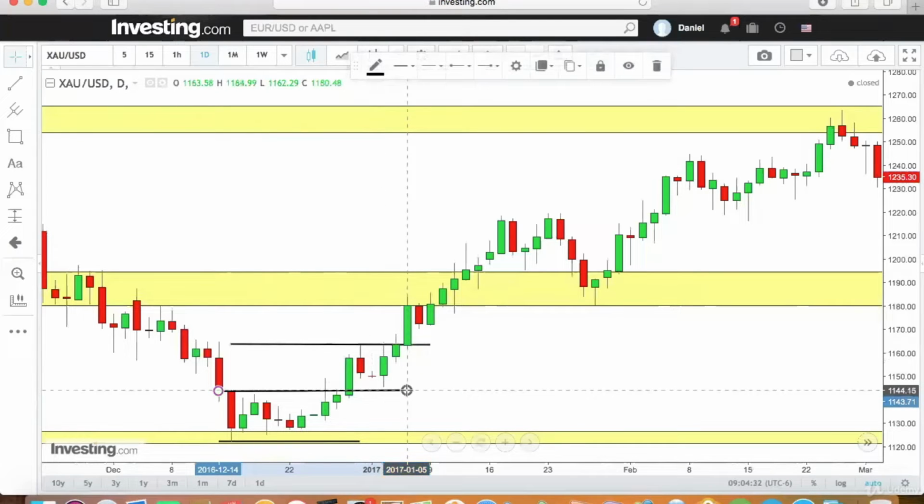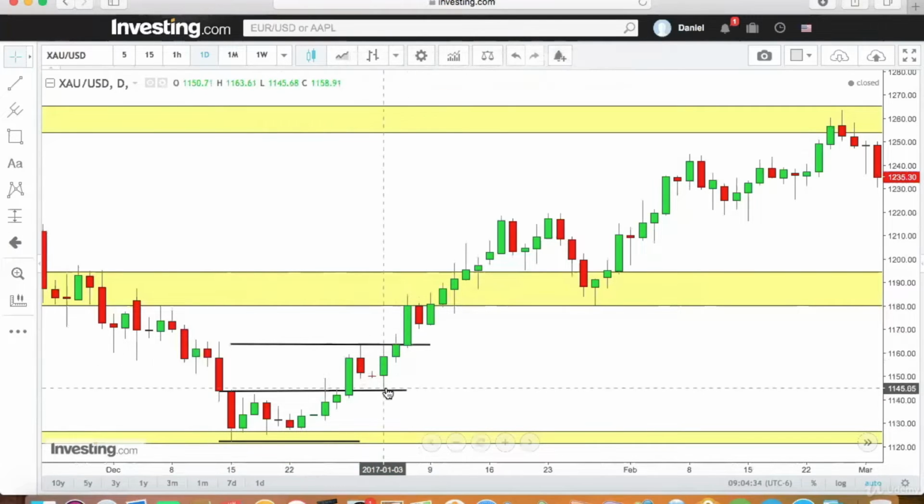And you can see that price has done that here. Pull back in order to test this level. It didn't touch this level, but if you see, it came down and broke the area of this wick here.